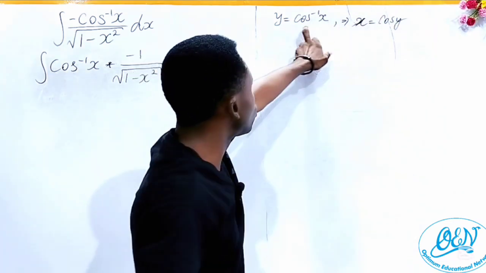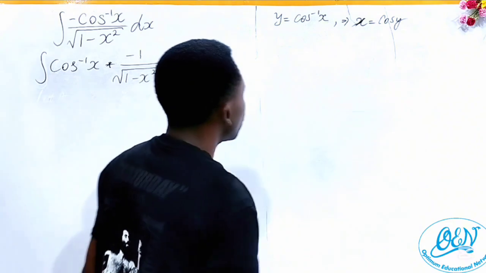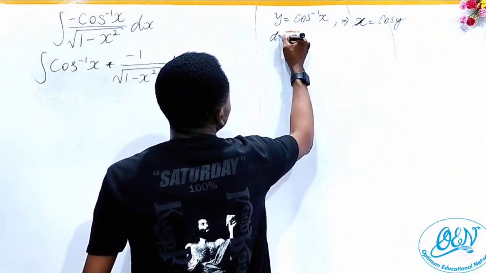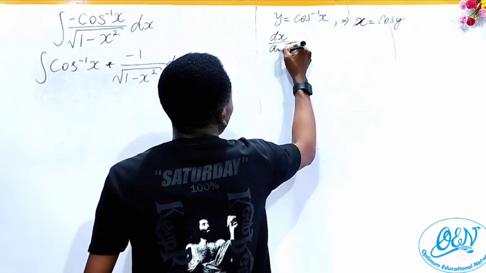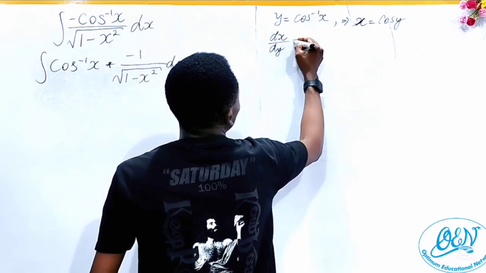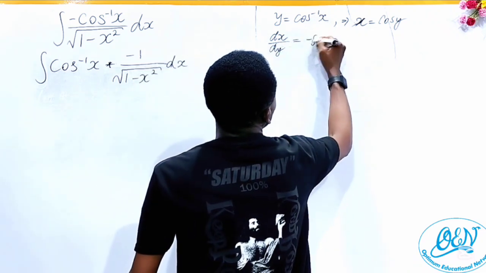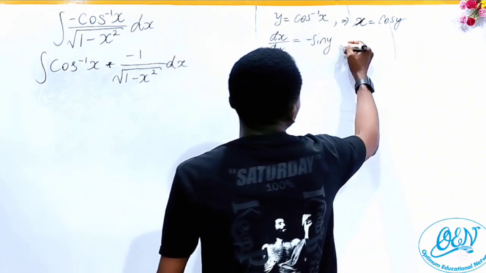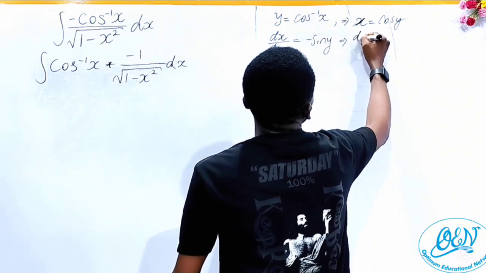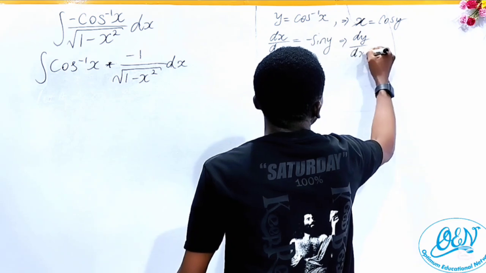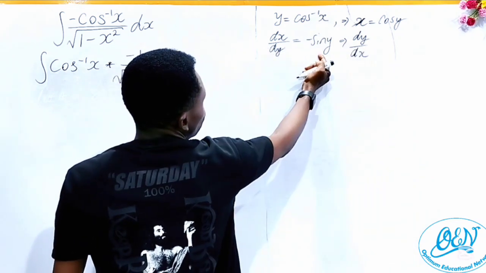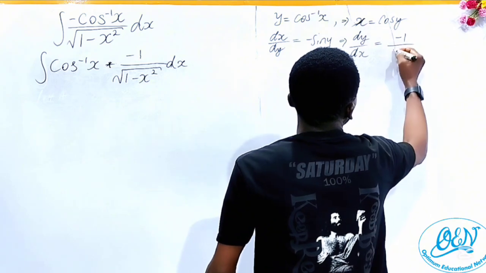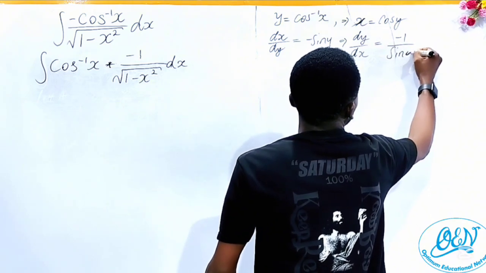If y is equal to cos inverse of x, then x is equal to cos y. So if we differentiate this, dx/dy will be equal to minus sine y. And then dy/dx, which is the inverse of this, will be minus 1 over sine y.